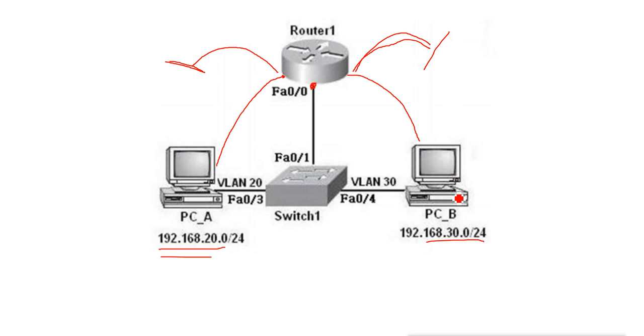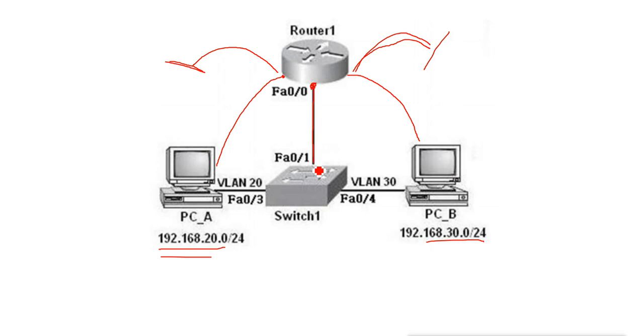This works the same way as traditional inter-VLAN routing, the same method. But here we have a difference in the physical setup. Instead of using two separate physical links, we are using one physical link connected to the switch.